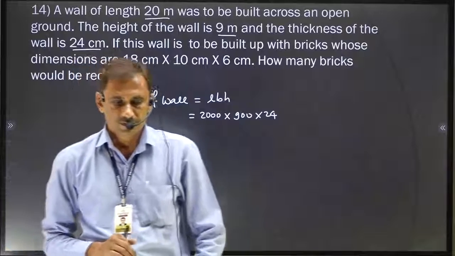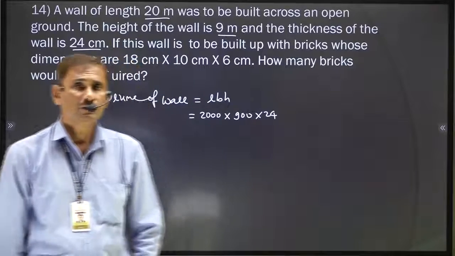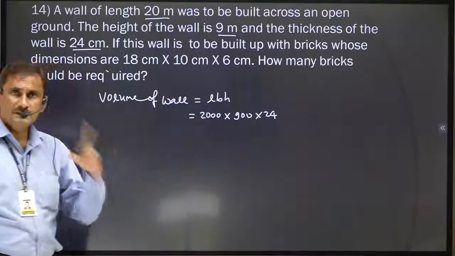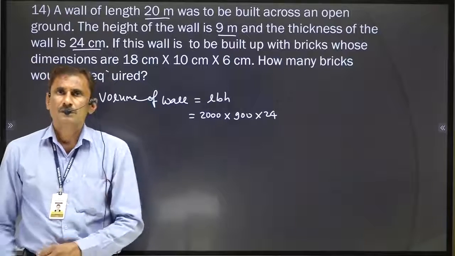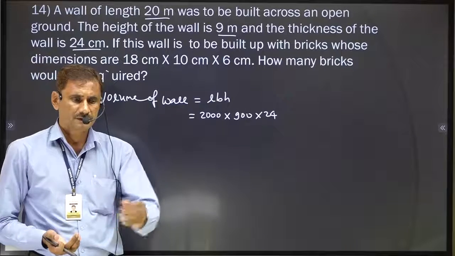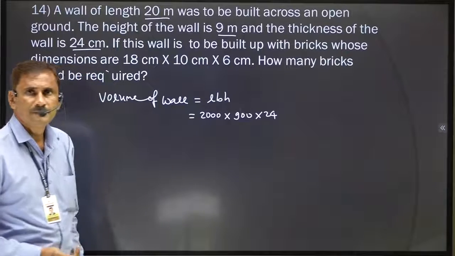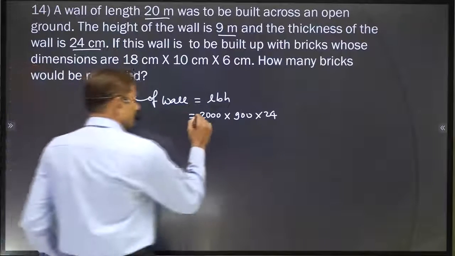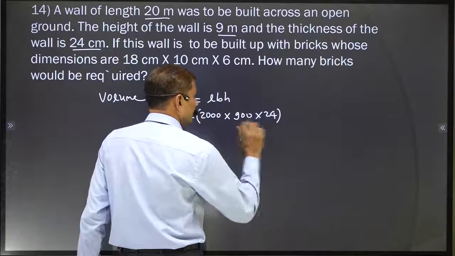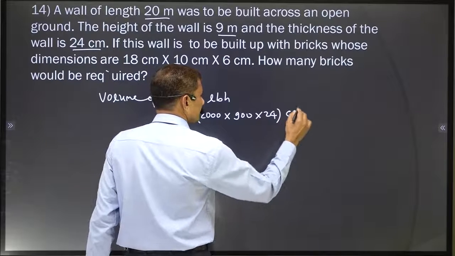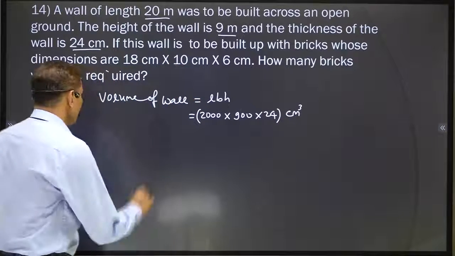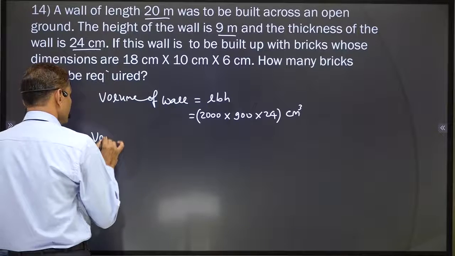So understand well. I'm not going to multiply them, as I told you a few sums before, not to multiply, just keep it in this factorized form only. It is centimeter cube. Now the volume of each brick, meaning 1 brick.